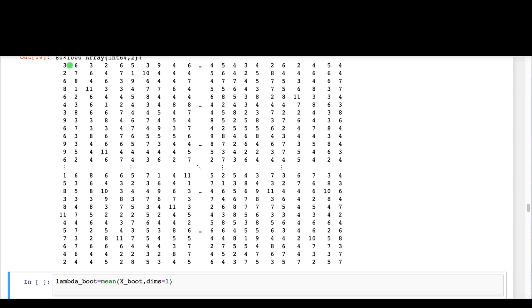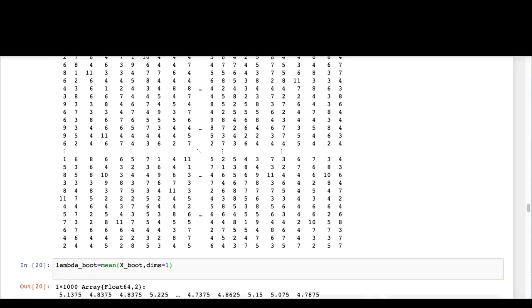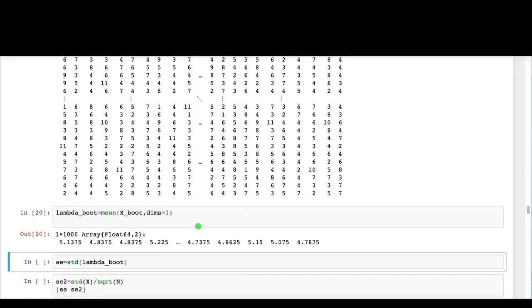And for each of these 1000 many data sets, we can form an estimate, which in this case is simply the mean, because the mean is equal to the parameter lambda. So we obtain an estimate of lambda for each of these columns simply by taking the mean of each of these columns. And it will be 1000 possible point estimates that we might have seen instead of the one that we actually did see.